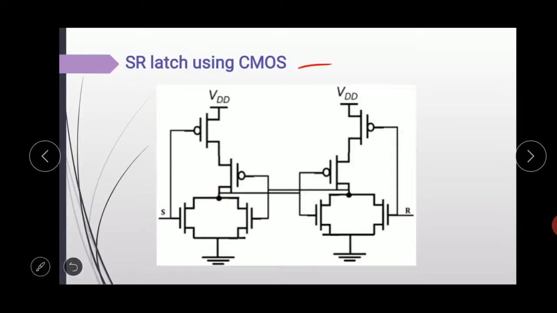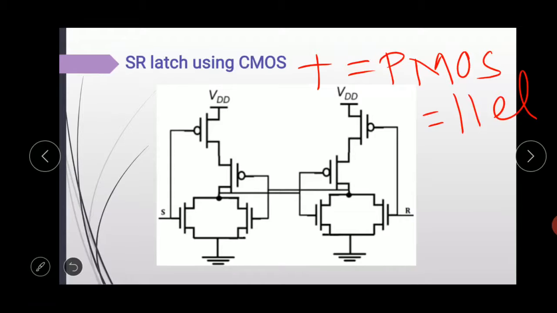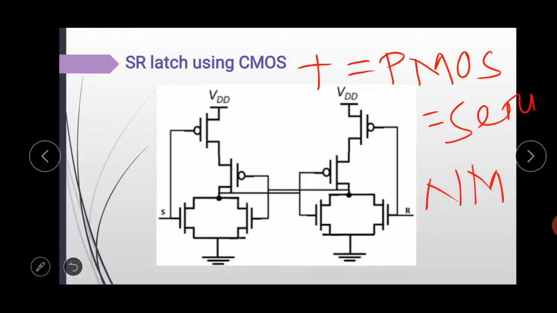So for the plus operation, PMOS connected in series and NMOS connected in parallel. Using this rule, we draw this diagram. So by drawing it step by step, you are able to understand it properly.